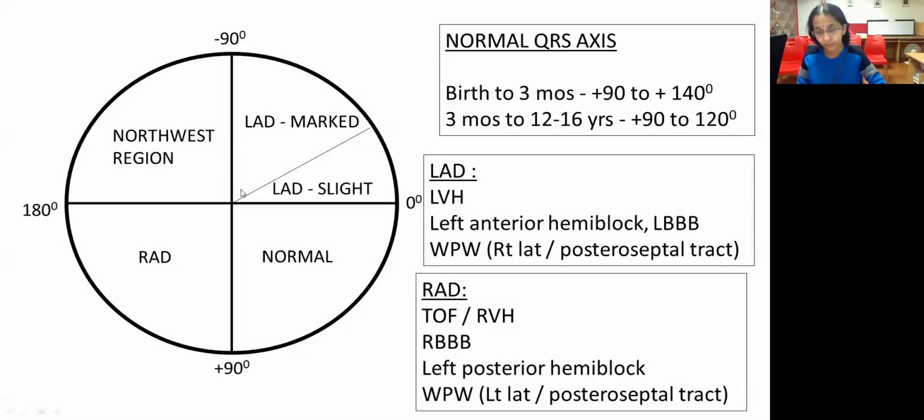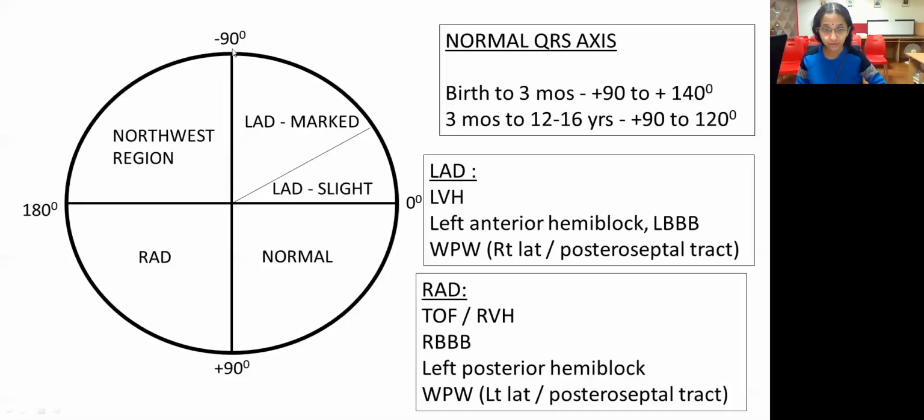So there are situations where you would see a leftward axis, that is the left superior quadrant, which could be associated with left ventricular hypertrophy, left bundle branch block, or an accessory pathway. And you can have a northwest axis in children with tetralogy of Fallot or a right bundle branch block.